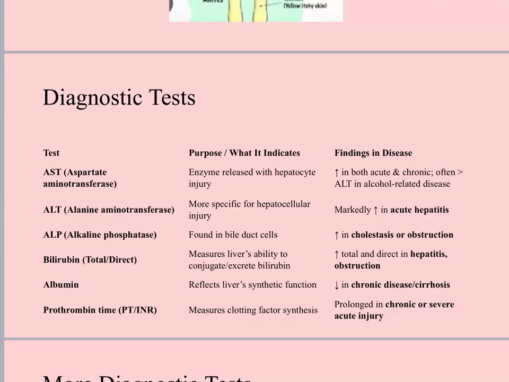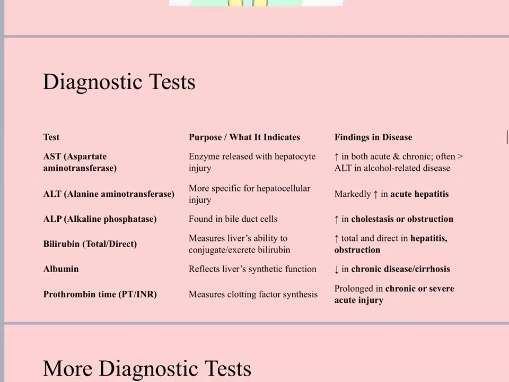It's a good way to look at the liver, to see if there is fat accumulation, any tumors, or any bile duct obstruction. We want to get viral serologies to identify the specific hepatitis virus. We look at ammonia levels and a urinalysis to see if there's bilirubin in there.